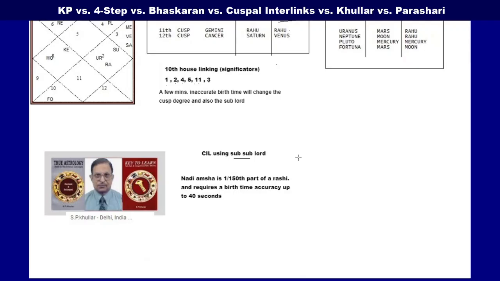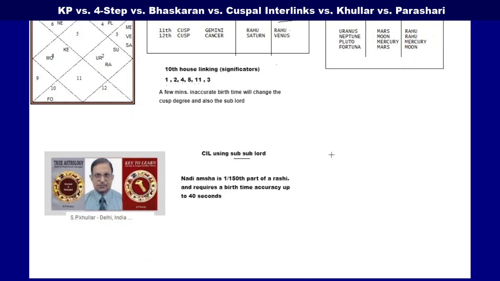Now you have to have very accurate geo coordinates and a very accurate birth time. When you are putting the sub-sub in, especially in the cusp, you can imagine how quickly the cusp can change. So Khullar's method is also something that at least I don't use, and I would not recommend my friends to delve into it.